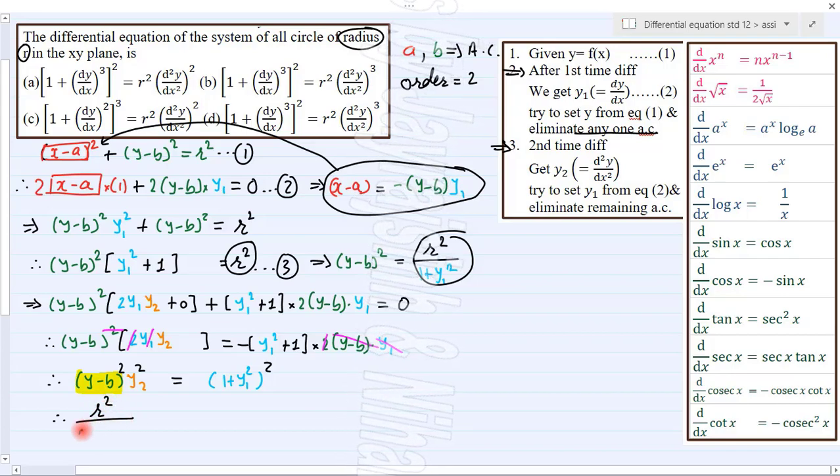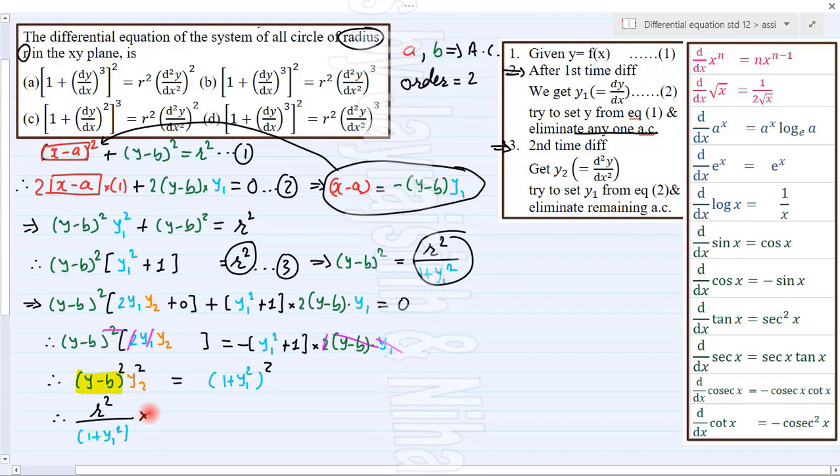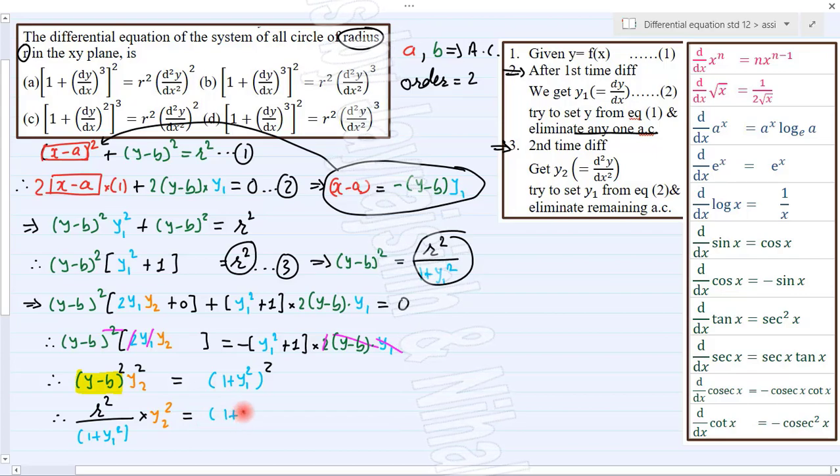So we will get r square upon (1 plus y1 square) into y2 square is equal to (1 plus y1 square) the whole square.